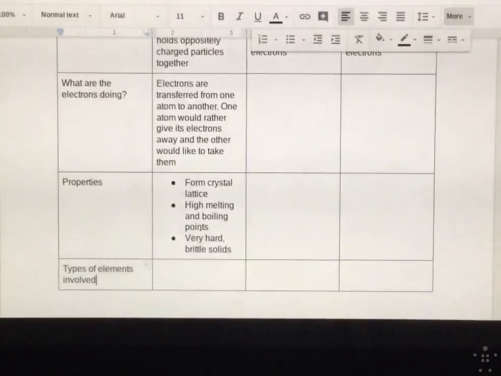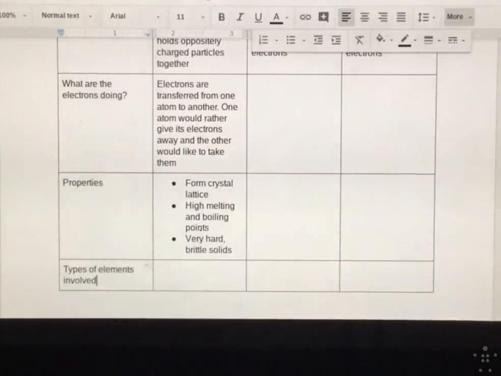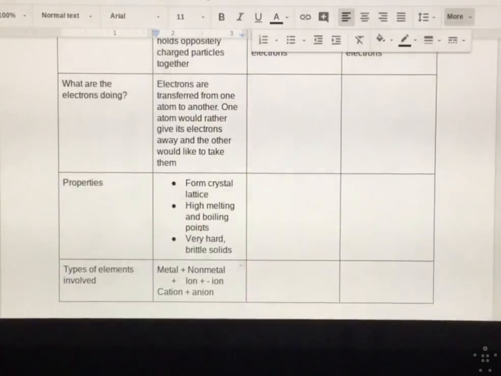To kind of finish out this video, I'm going to tell you the types of elements involved in an ionic bond, and this will help you identify an ionic bond every single time. So here's the way that I see it. An ionic bond always happens between a metal and a nonmetal. The metal are the atoms that want to give away their electrons. They're on the left side of the table, so that's a given.